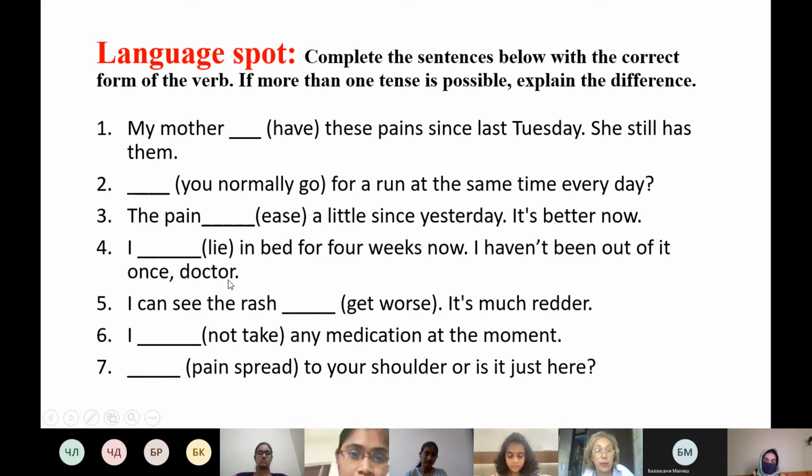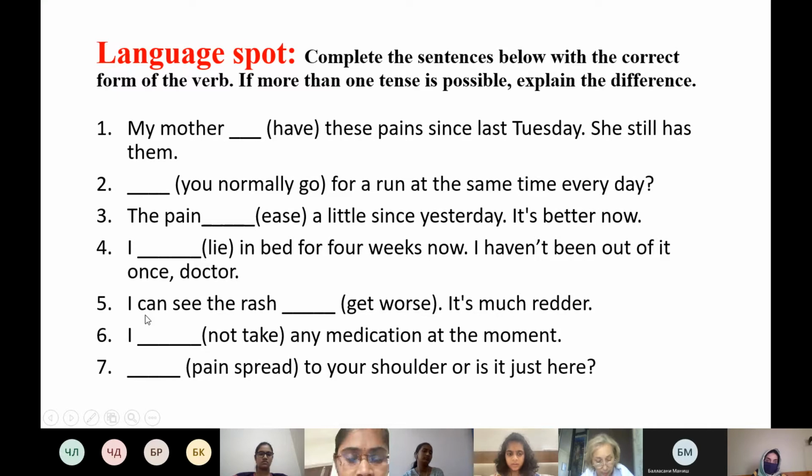Look, there is the preposition for, which is also the time marker for the perfect tense. It means the action started in the past and was going on for some period. Present perfect continuous. Yes, use it, please. I have been lying in bed for 4 weeks now. I have not been out of it once, doctor.